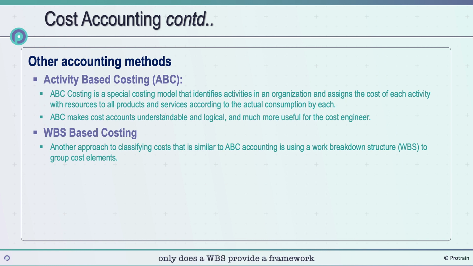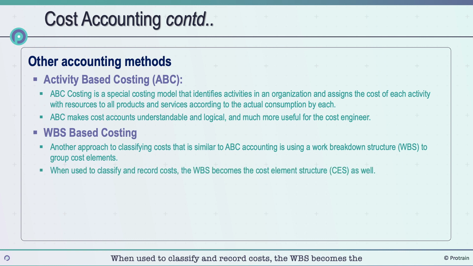Not only does a WBS provide a framework for planning and controlling the resources needed to perform the technical objectives, but it facilitates a summary of project data regarding the cost and schedule performance. When used to classify and record costs, the WBS becomes the cost element structure, CES, as well.